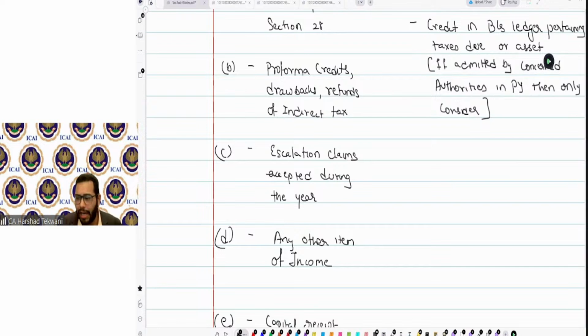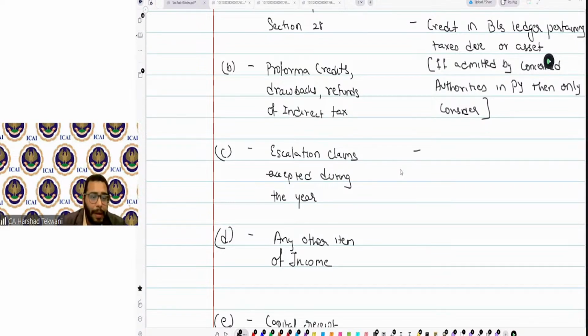Then you have escalation claims. If these escalation claims are not credited to the profit and loss account, but rather netted off against any expenditure, or netted off against any liability, or any advance or any balance that was there. So if there are such escalation claims pursuant to a contract entered into in earlier years by the company, these usually form part of the amount receivable from that particular customer in that particular contract.